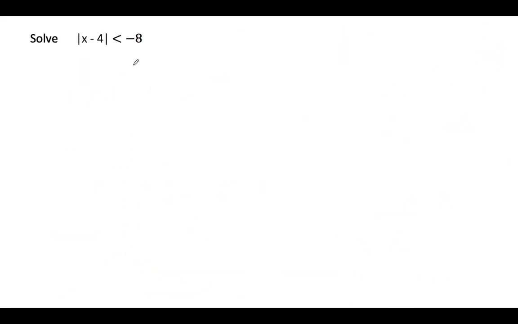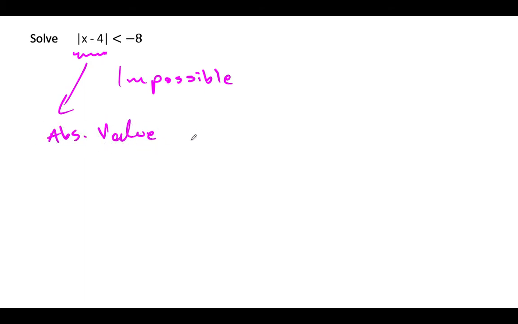Okay, what about this? So this is interesting, guys. Absolute value of anything, could it be less than negative 8? Impossible. Why impossible? Since absolute value means distance.